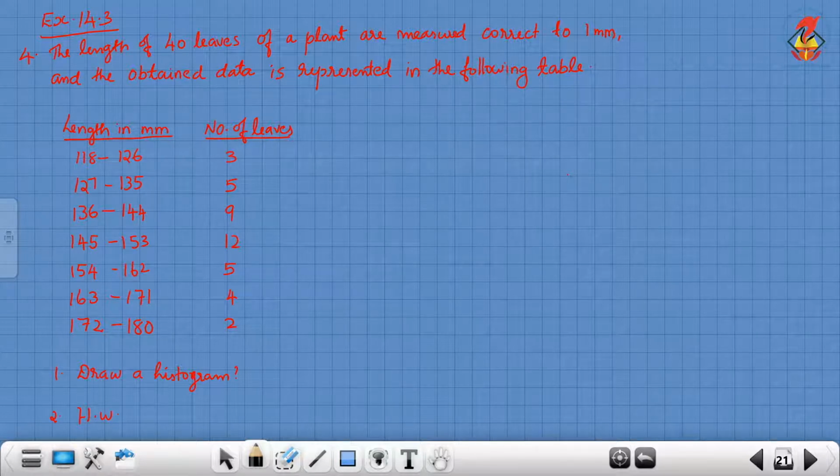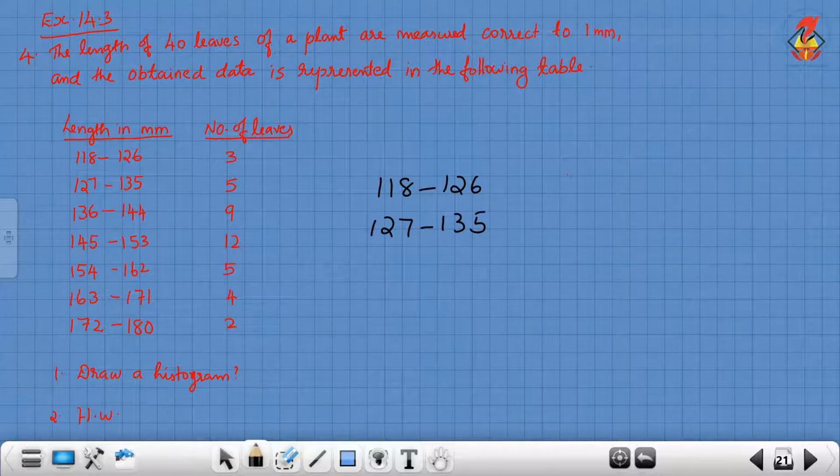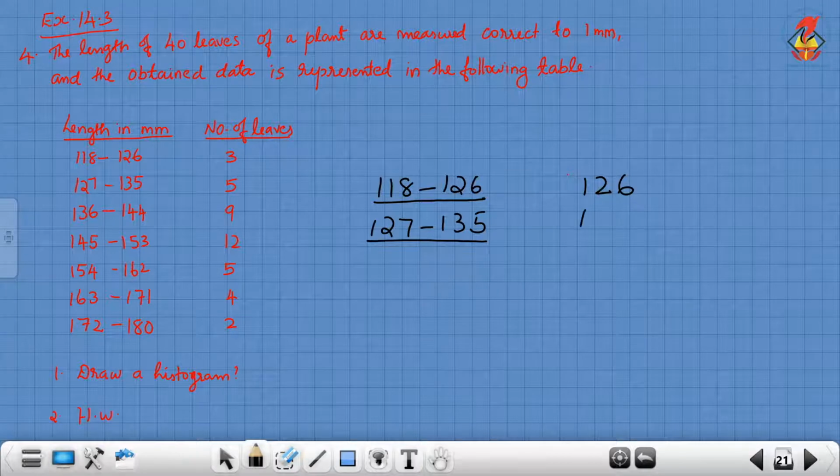Then how can you change it into a continuous class interval? Here you can choose any two consecutive class intervals. I am taking the first two, 118 to 126 and 127 to 135. What is the upper limit of the first class? That means the greatest number, 126. What is the lower limit of the next class? 127.